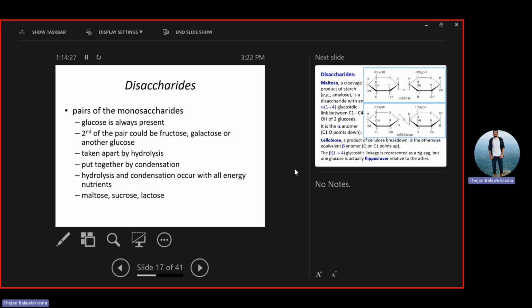The reaction between two monosaccharide molecules is a condensation reaction, because glucose plus glucose forms the disaccharide and the byproduct water is formed.